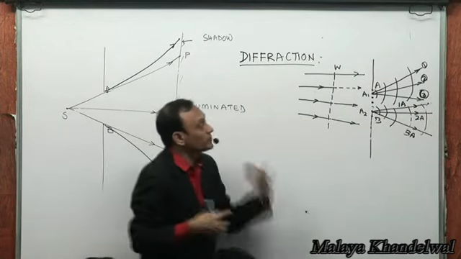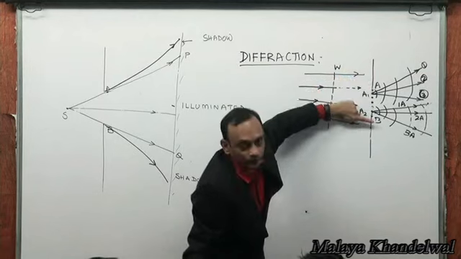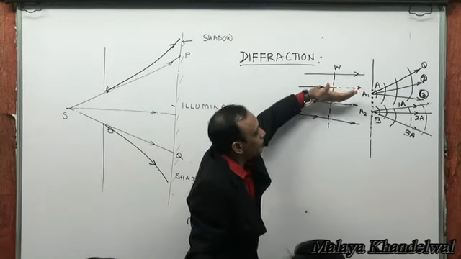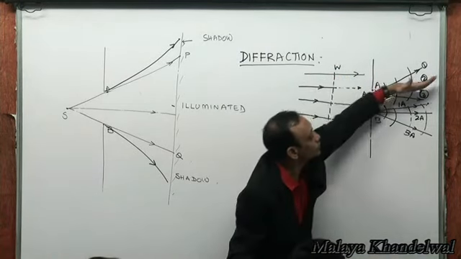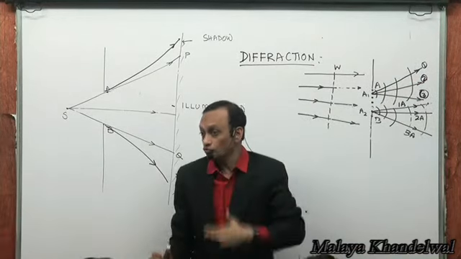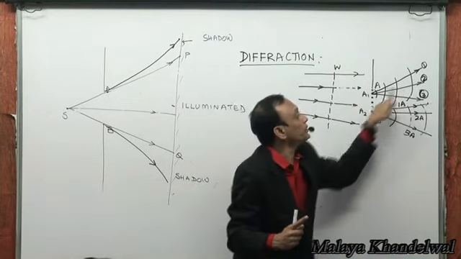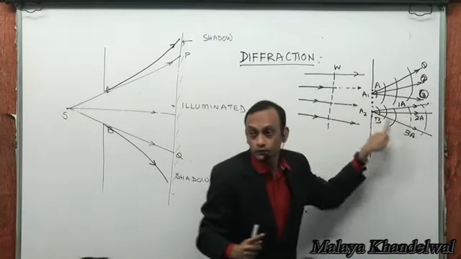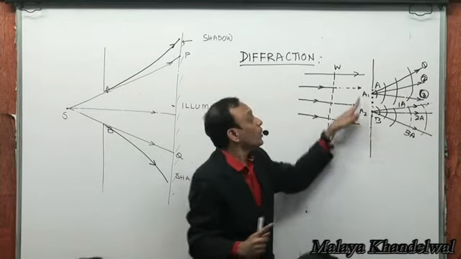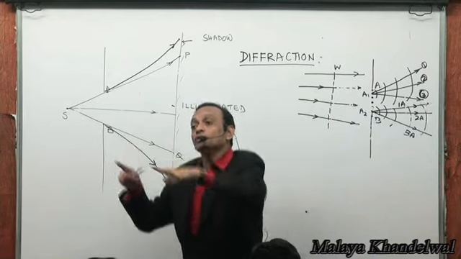So all particles between A and B will produce rays parallel to 1, 1A, and so on. Similarly, all particles between A and B will produce rays parallel to 2, 2A, etc. All particles between A and B will produce rays parallel to 3.